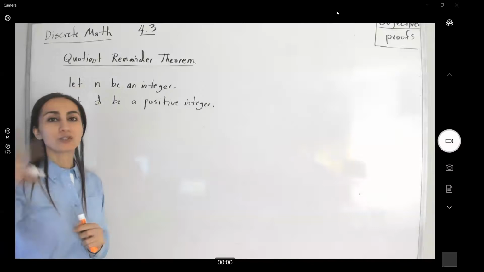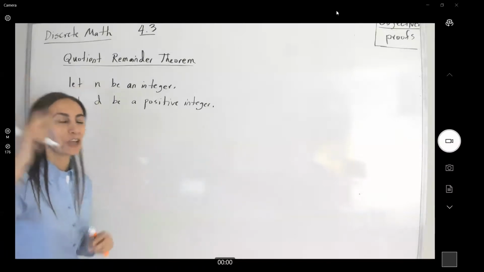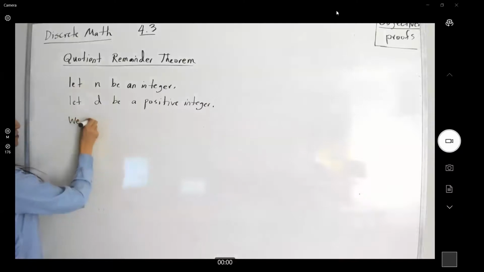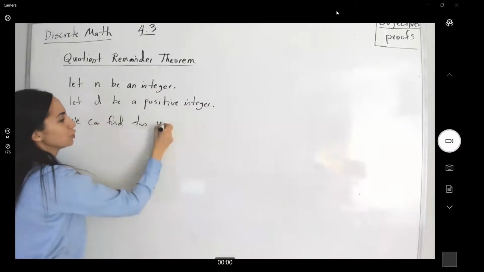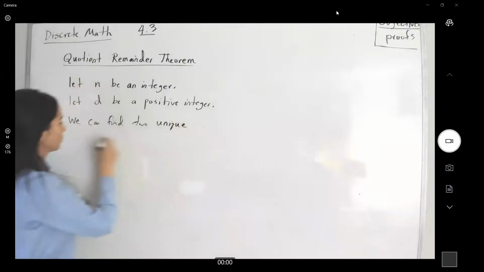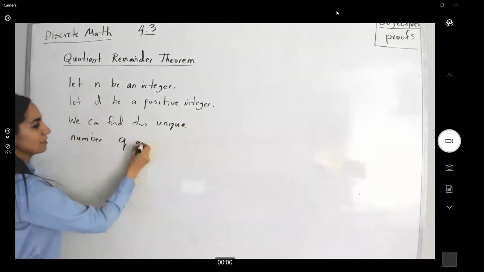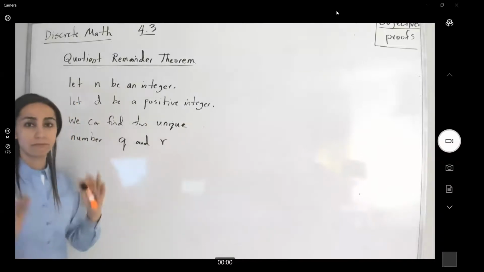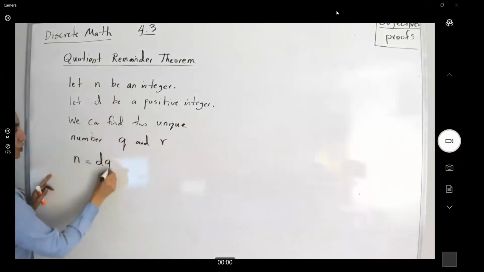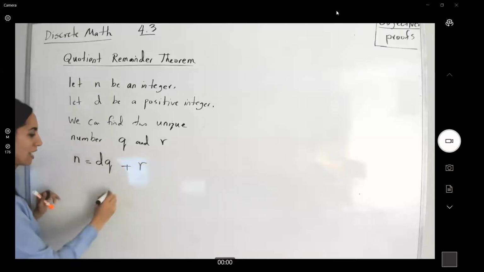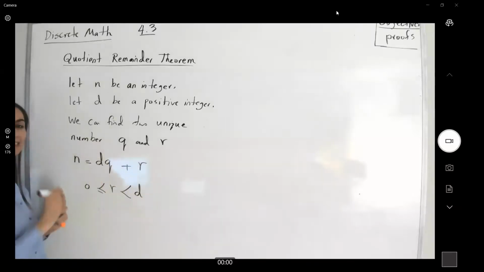We can find 2 unique numbers, Q and R, such that n can be written as d times Q plus R, and R is sandwiched between 0 and d.